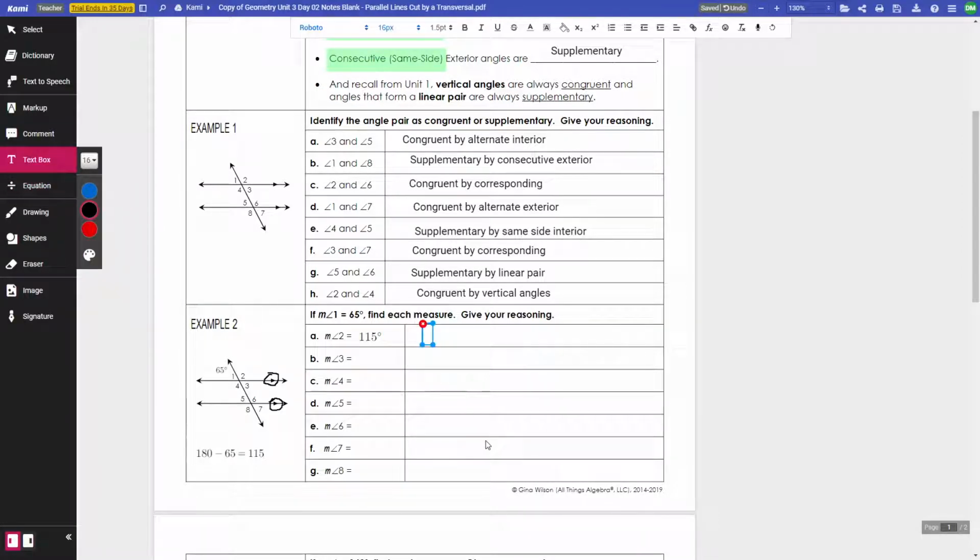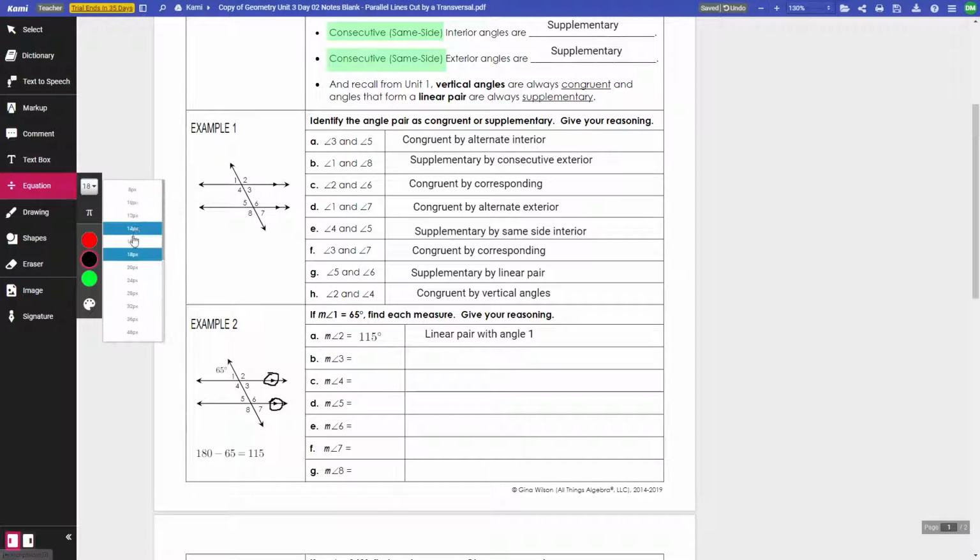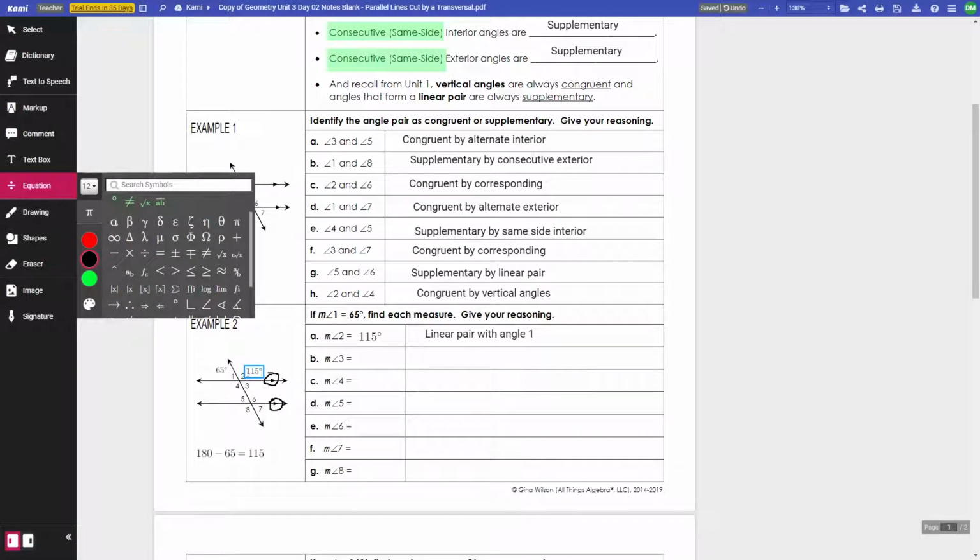So my reason is it's a linear pair with angle 1. As we get more angles in here, we might be able to use things like corresponding or alternate interior. But right now we've only got angle 1 and angle 2. So I'll go ahead and put angle 2 in here also, 115 degrees. I probably won't do that for all of these, but that just gives us an idea.